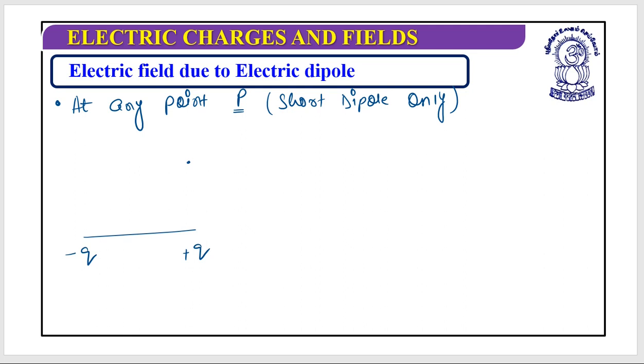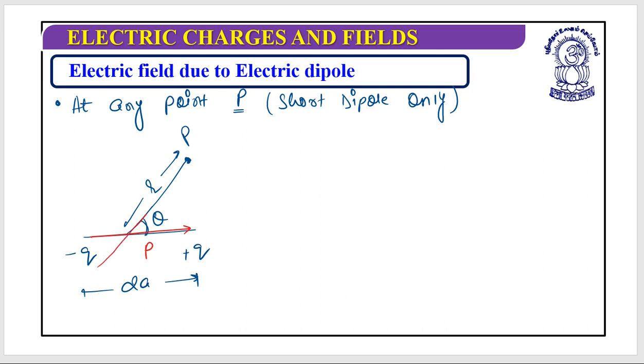Let's say you require an electric field at this location. Suppose this separation is 2a, and the distance to the point is r. This angle is theta. Let's look at this very carefully. This is p, the dipole moment.